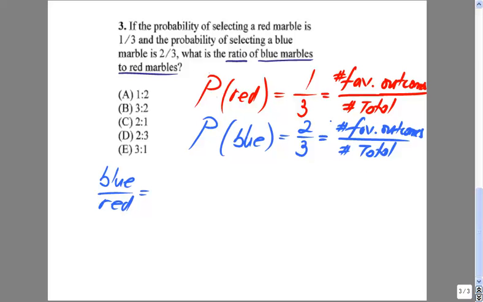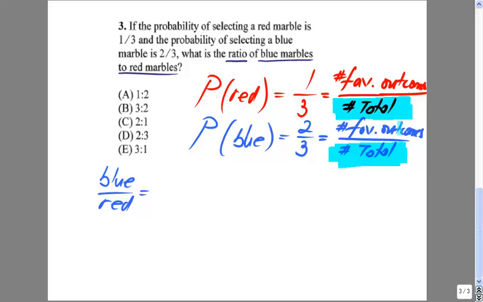Well, because we're dealing with the same marbles, the same jar of marbles or bag of marbles, the total in each one of these two probabilities will be the same, right?